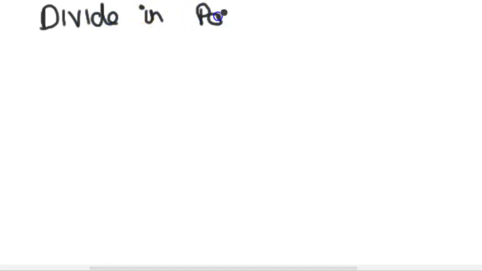Okay, the next one is, let's say you want to divide in polar form. Again, it is a lot easier than dividing in the Cartesian form.